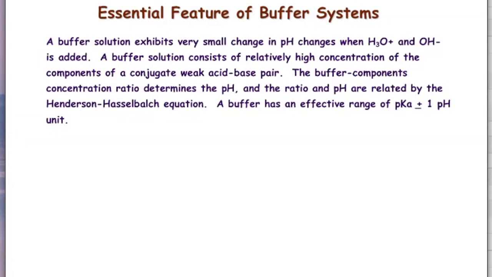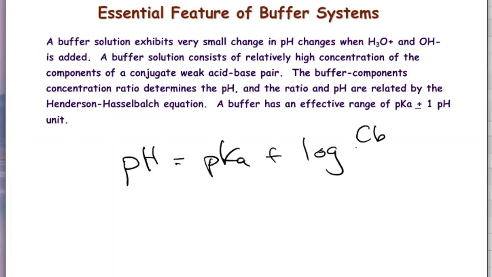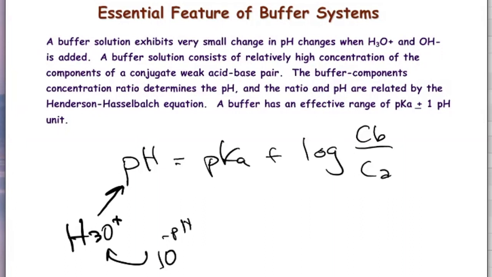For the buffer, we can go back to the Henderson-Hasselbalch equation: pH equals pKa plus the log of the conjugate base over the conjugate acid, base over acid. When you want to calculate the pH, or even the hydronium ion concentration, because 10 to the minus pH gives you the hydronium ion concentration, you need to know the pKa of the acid.